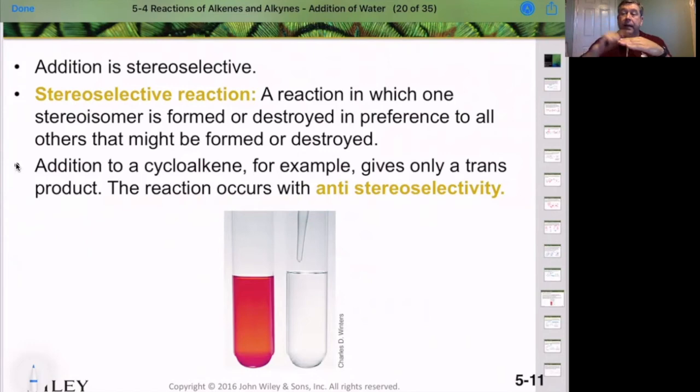They come on opposite sides, are anti, so they're anti-stereoselective, okay? Now, so it's stereoselective, it's an addition reaction. We're adding one halide to each of them, and when we do it in a cycloalkene, we get only trans product. There must be a mechanistic reason for this, right?